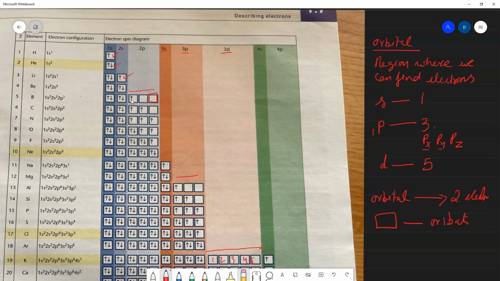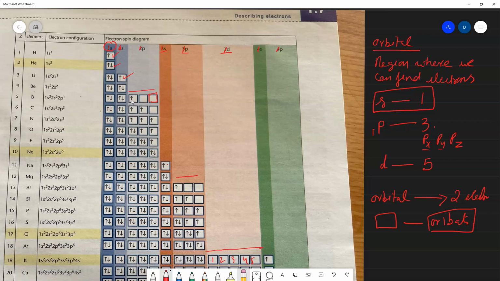Now if you apply this knowledge, you know what exactly these boxes are. Look at this first one. This is an S subshell in shell number 1. For the time being, forget about these shell numbers; you know what they are. This is shell 2, this is the 3rd shell, and this is the 4th shell. There is only one s orbital, and an orbital can be shown as an empty square.